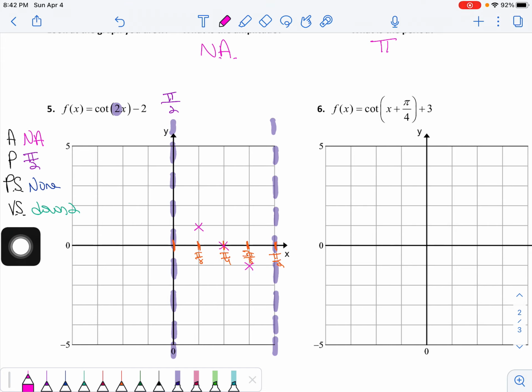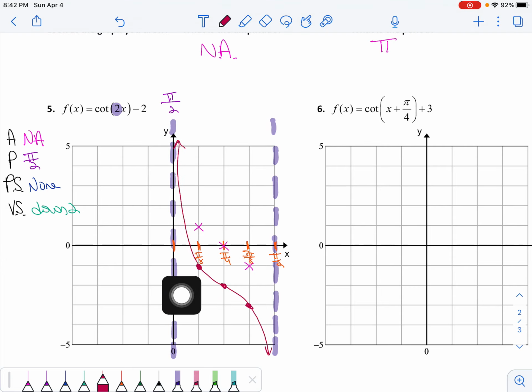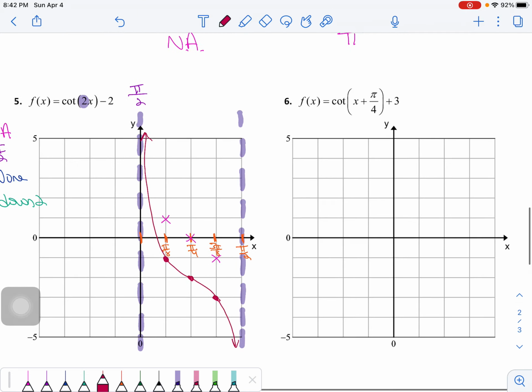But I need to take each one of those points and slide it down 2 spaces. All right, so down 2, 2, and 2. And take a moment and sketch in your graph. So you're going to curve up and to the left and down and to the right. All right, so that's your cotangent curve there.